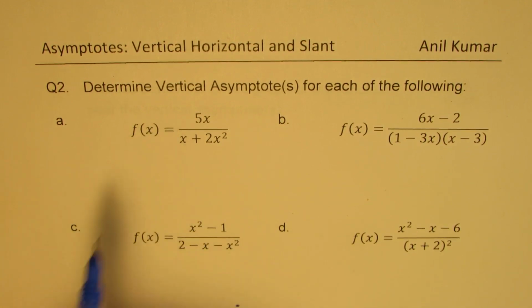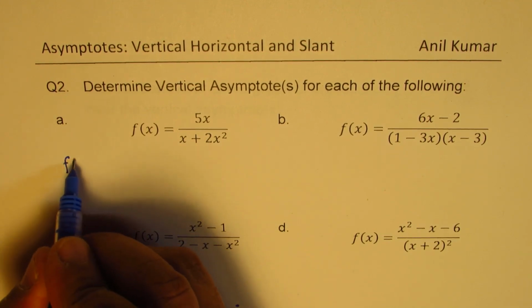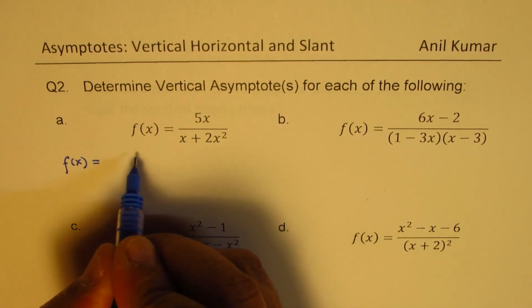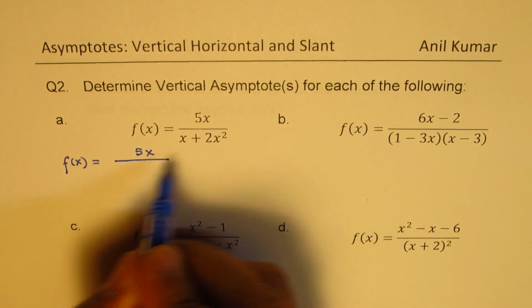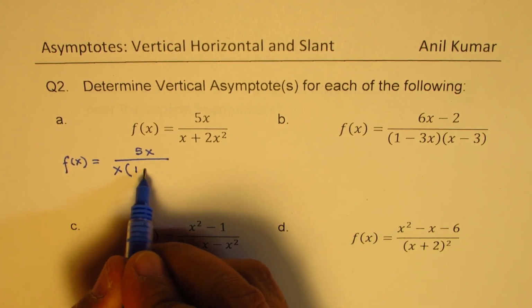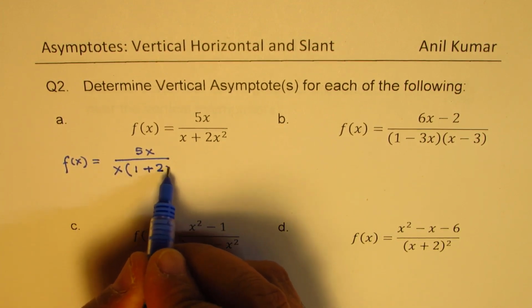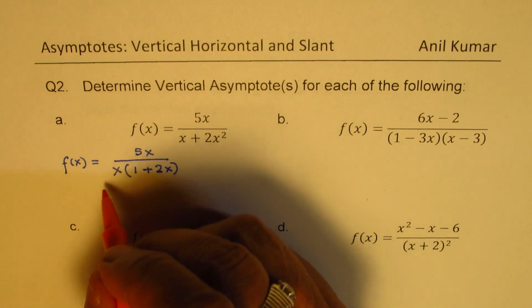So let us now factor and then check. So we have this function f of x equal to 5x over the denominator, which can be factored. We could write this as x times (1 plus 2x), correct? Now as you can see, x and x cancel.